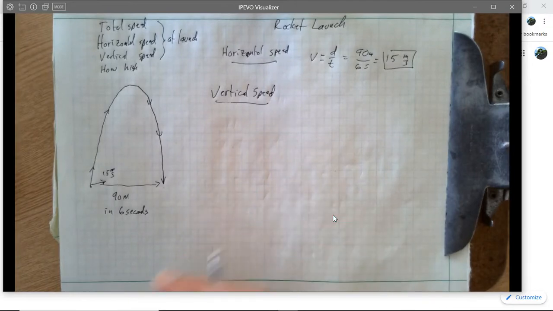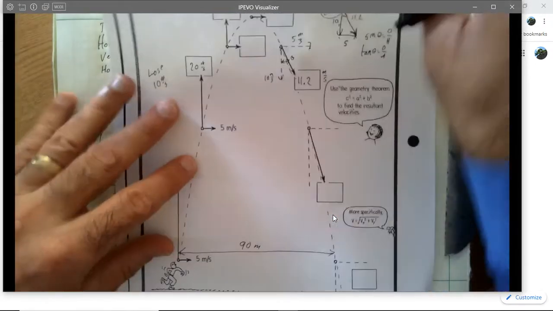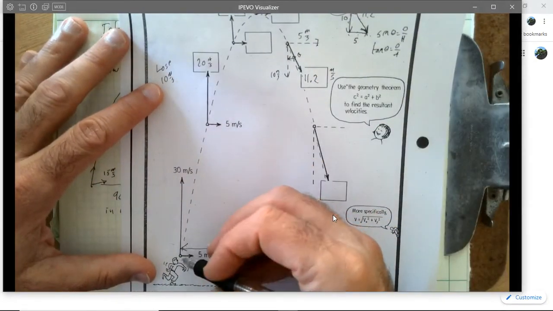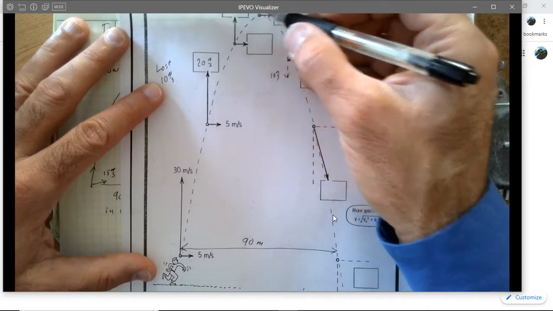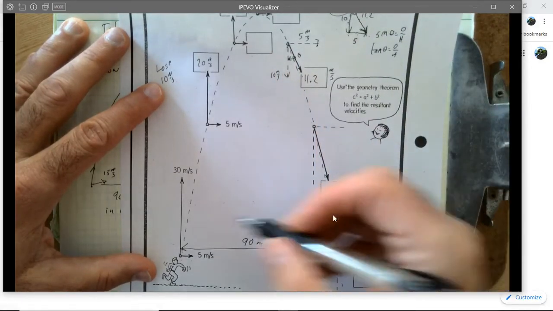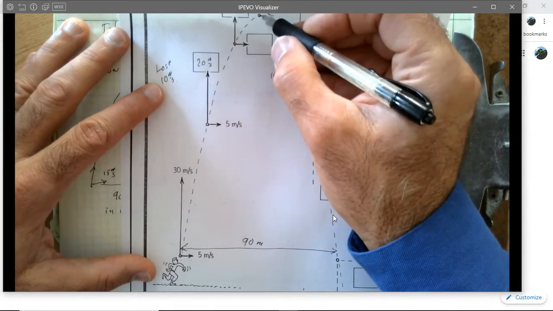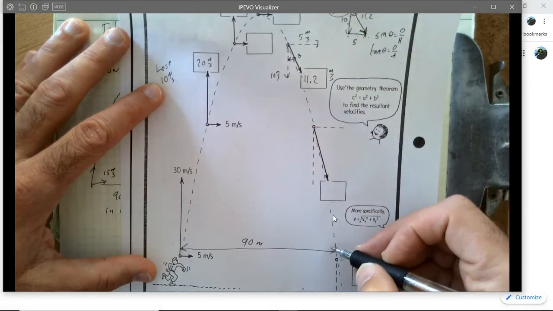It's in the air for 6 seconds. It's easier to see in this. When we throw the ball, it goes up for 1, 2, 3 seconds, and then it falls down for 1, 2, 3 seconds. So it spends half of the time going up and half of the time going down.